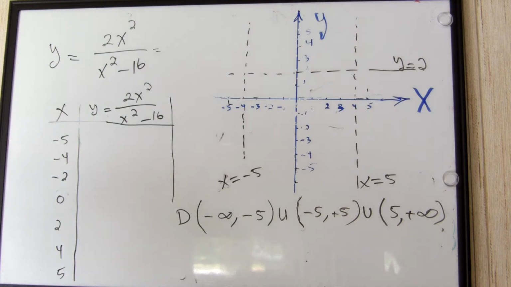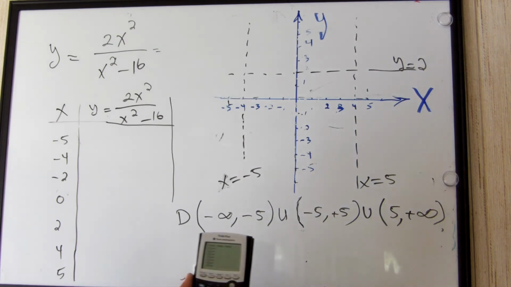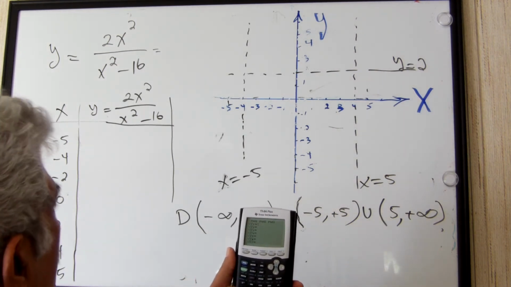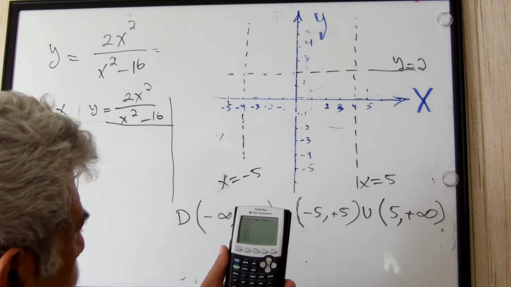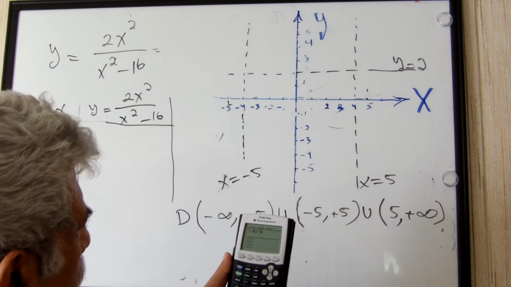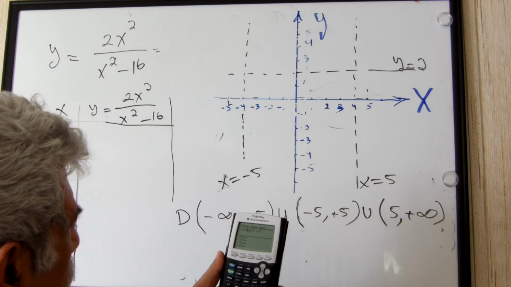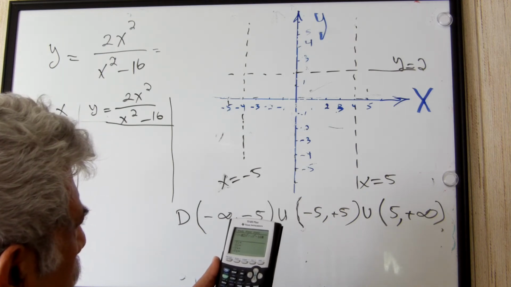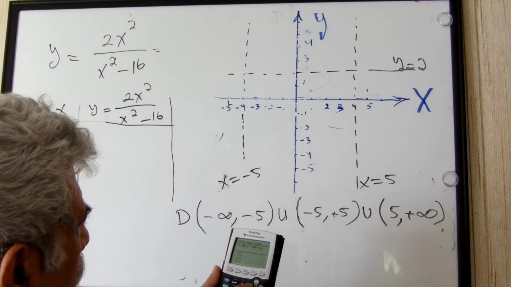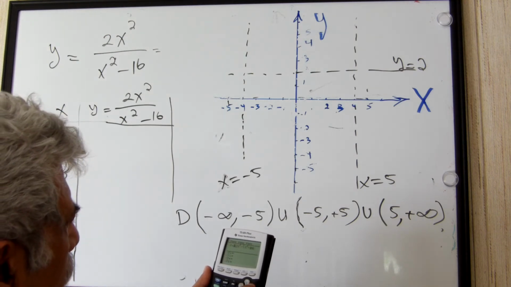You write the equation here. The function here is 2x squared divided by x squared minus 16, with parenthesis here and parenthesis at the end.